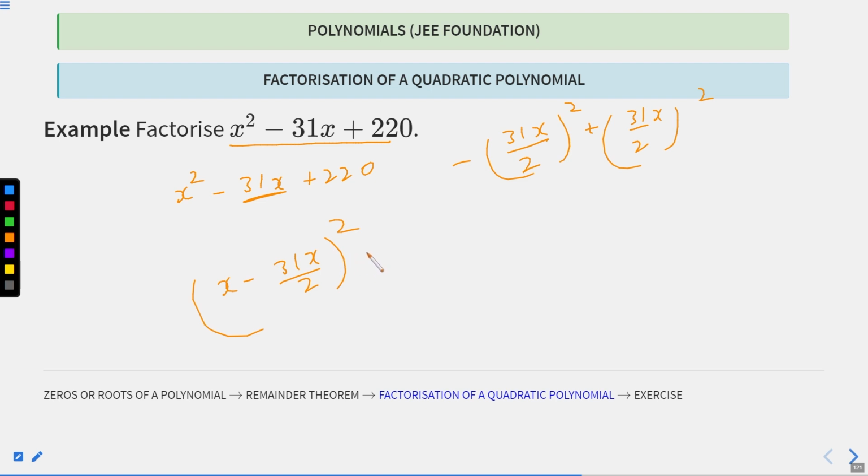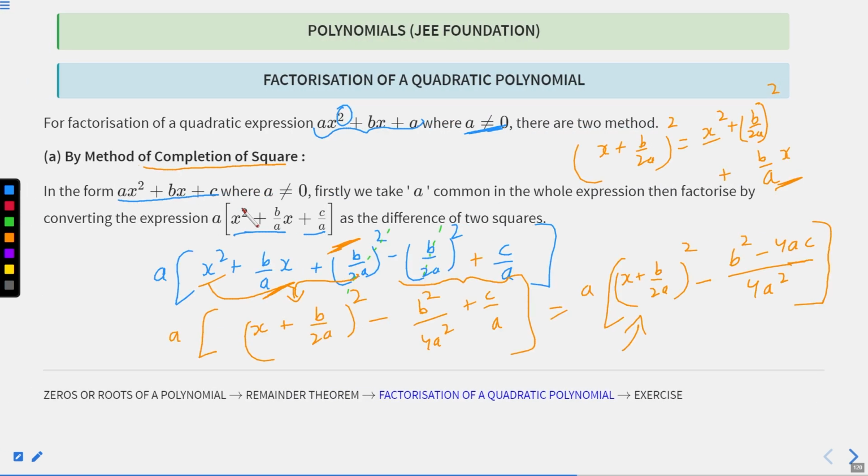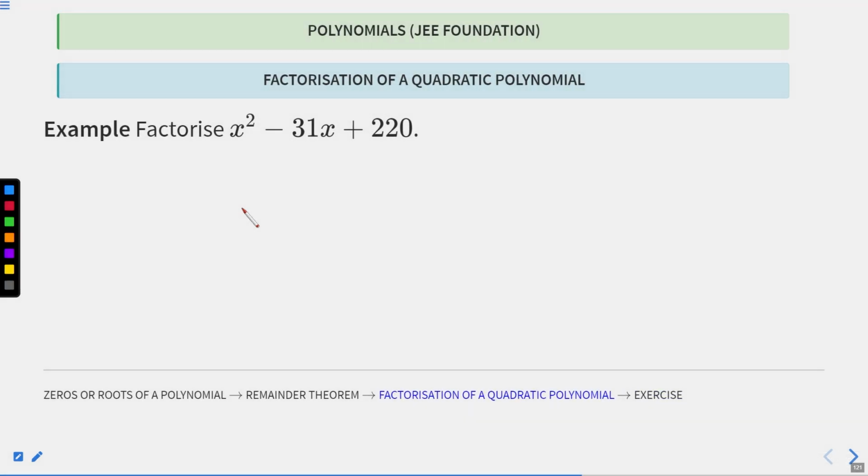We used these two terms and this term. If you expand a square, you get a square plus b square minus 2 times ab. Here the 2 times ab is not with x, so we take just the coefficient, half of the coefficient. Let me see if I made the same mistake over here. No, so just take half of the coefficient over here.